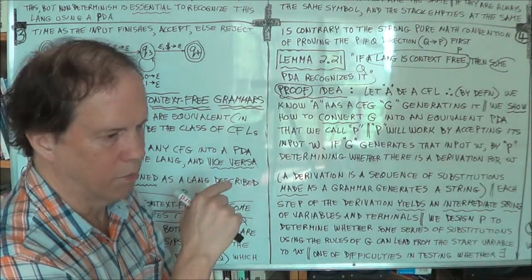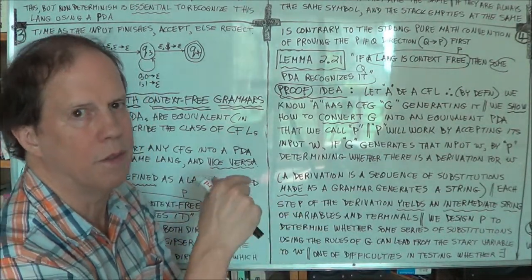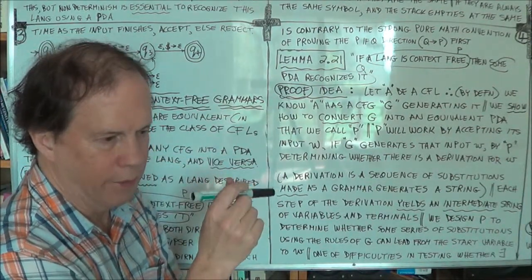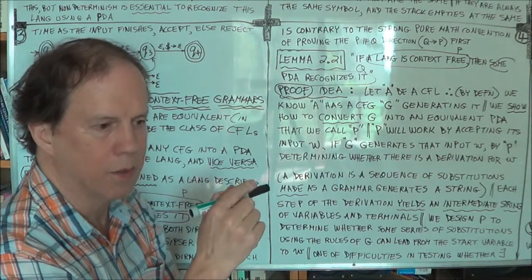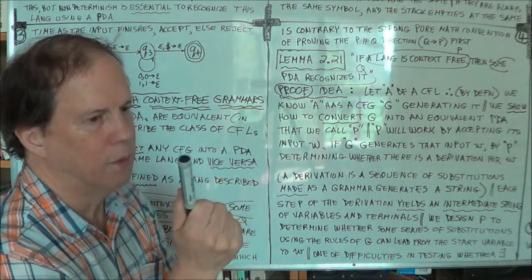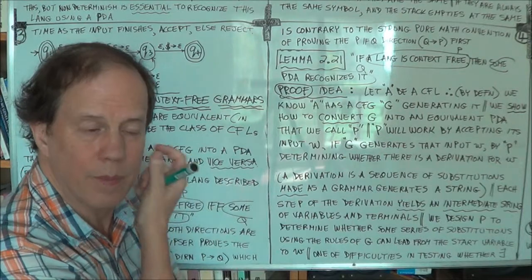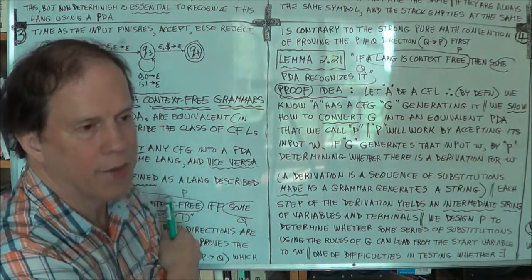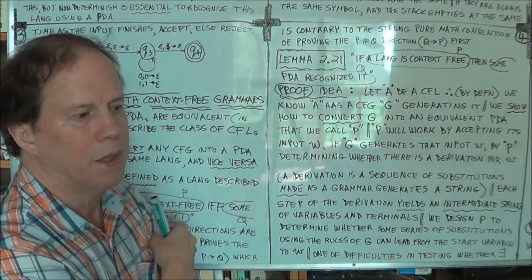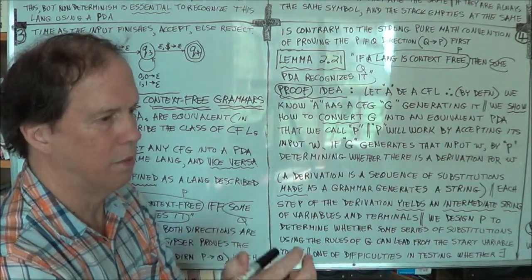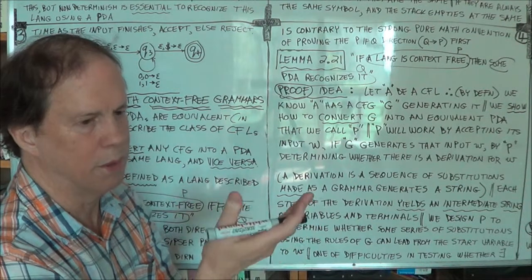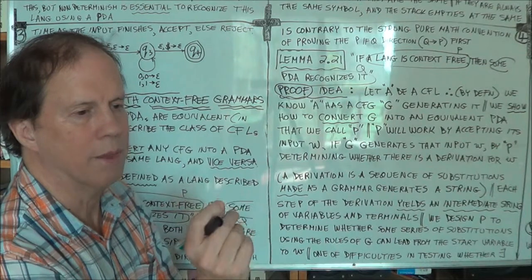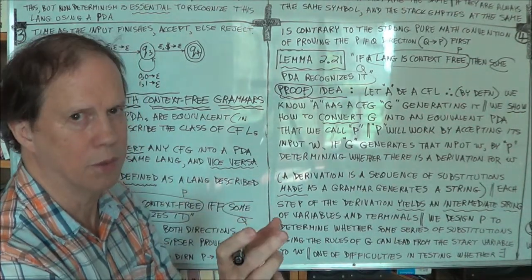Like you look at the current string that you have, that you've derived from earlier steps, and you look for a variable in that string, and then you look for a rule in your rule set that has that variable on the left hand side, and you choose one, and then whatever's on the right hand side of that rule, you throw out that variable in the intermediate string, and you replace it by what's on the right hand side of the rule that you chose.